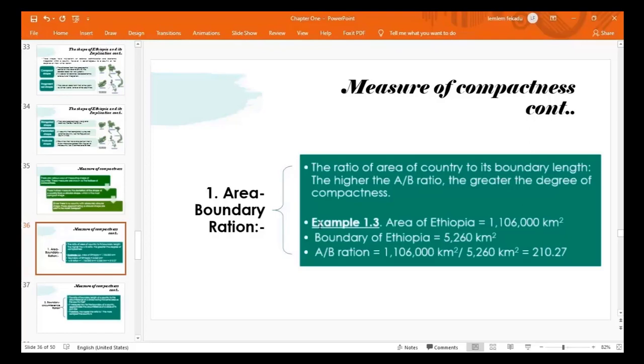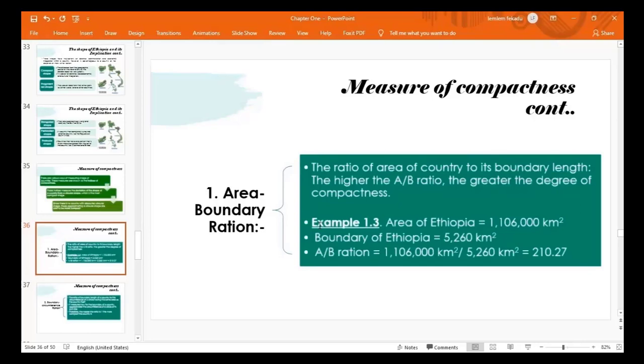This is the ratio of the area of a country to its boundary length. Generally, the higher the area boundary ratio, the greater the degree of compactness. We can use examples, like calculating the area boundary ratio of Ethiopia. The area of Ethiopia is 1,106,000 square kilometers.